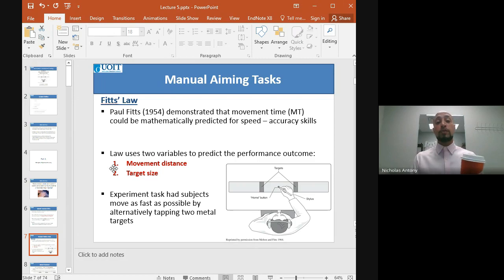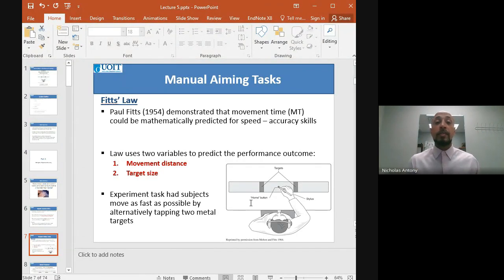So in 1954, even before kinesiology was a program, there was a study that wanted to demonstrate this speed accuracy trade-off using math. Paul Fitts was the researcher, and he designed an apparatus or setup where a participant had to take a metal stylus and tap targets, or metal plates, back and forth.